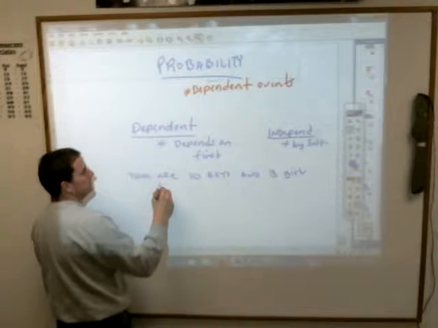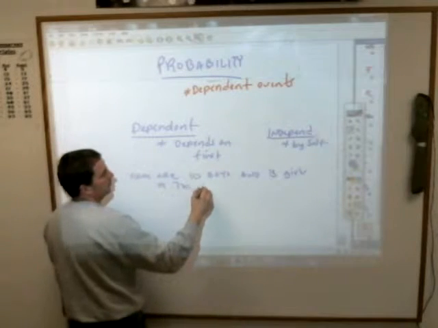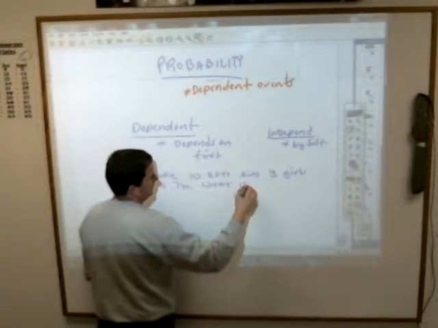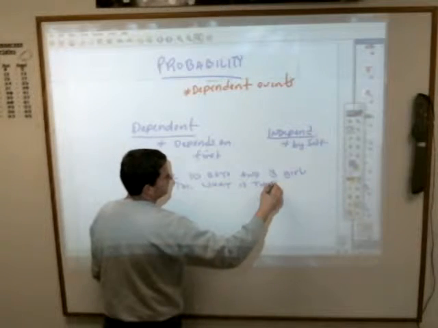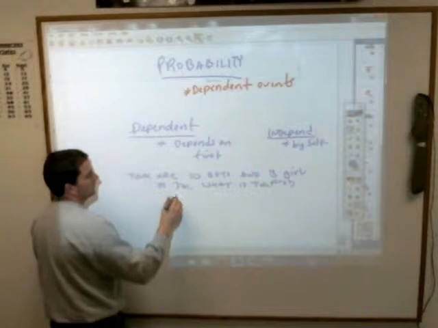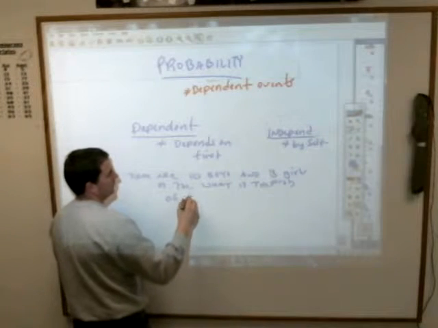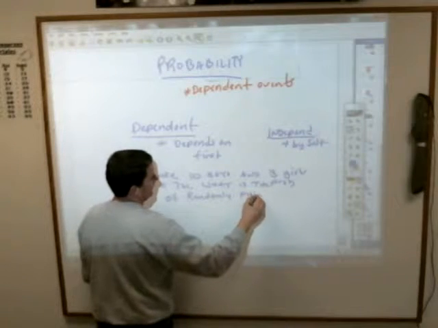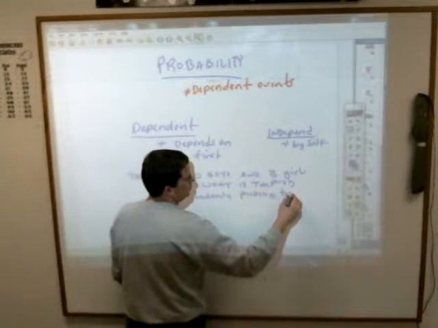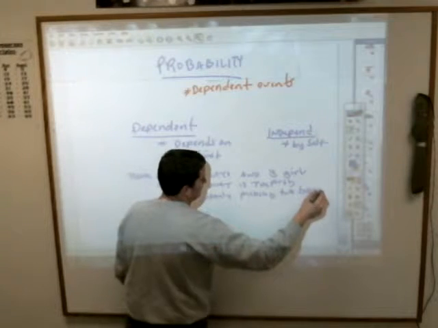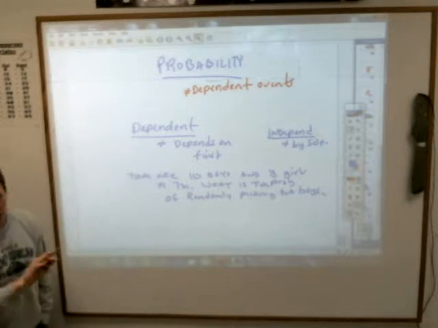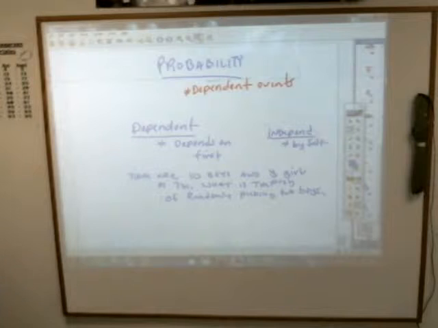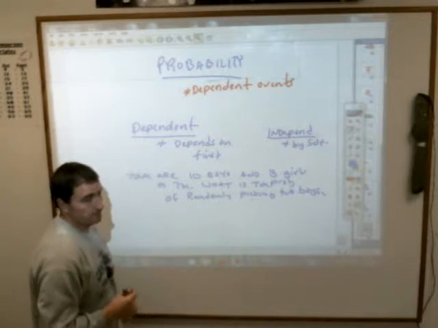What is the probability of randomly picking 2 boys? In other words, if I took all your names, made little slips of paper, put them in a hat, and pulled them out, what would be the probability of picking 2 boys?